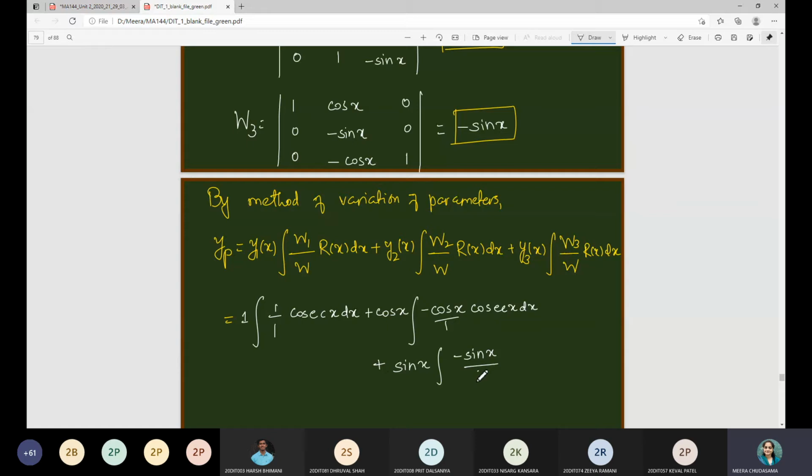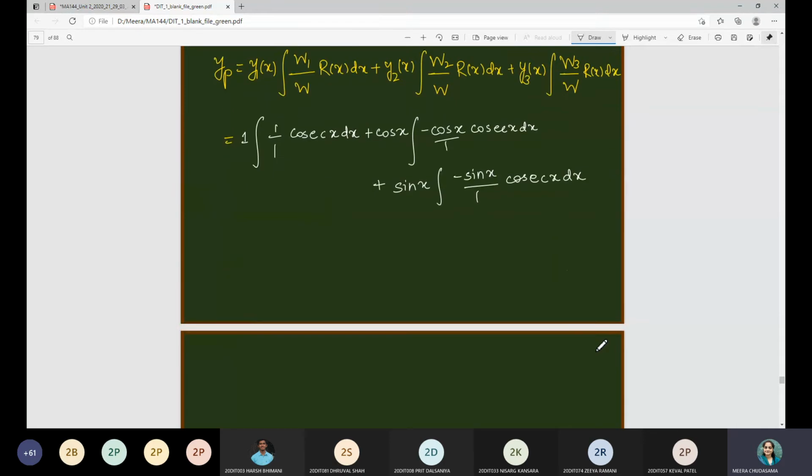Actually all these quantities are 1, but I am not writing it. So when you solve this integration, what is the integration of cosec x? Minus ln of (cosec x plus cot x).